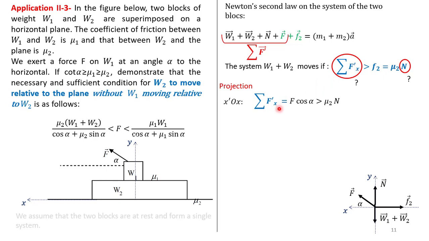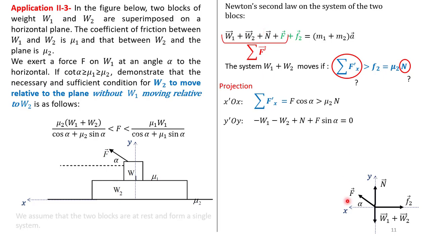It's equal to f cosine alpha, and we want to make it greater than F2, which is equal to mu2 n. So what is n? Let's make a projection along y of the first equation of the second law of Newton.